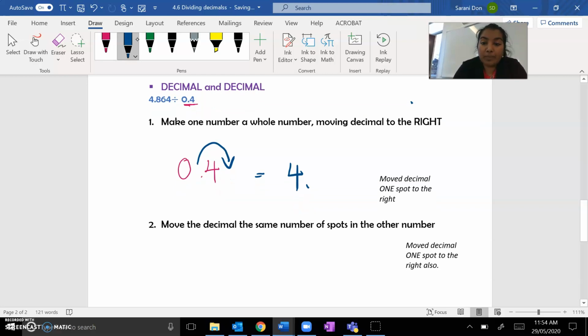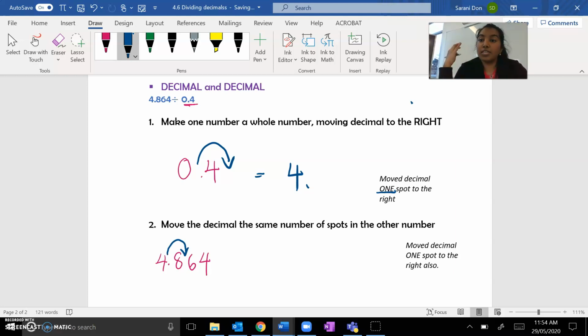Now we've got a whole number, but we know that we've moved it once to the right. Because you've moved that decimal once to the right on one number, you have to do the same for the second. So move the decimal the same number of spots in the other number. We've got 4.864, and I'm going to move it once as well.